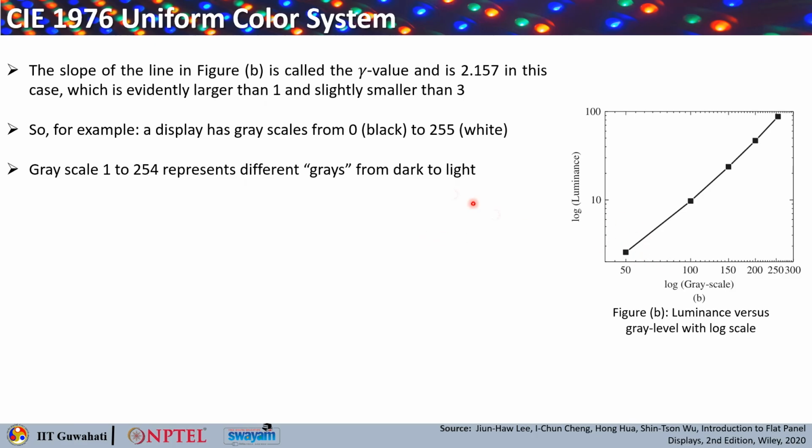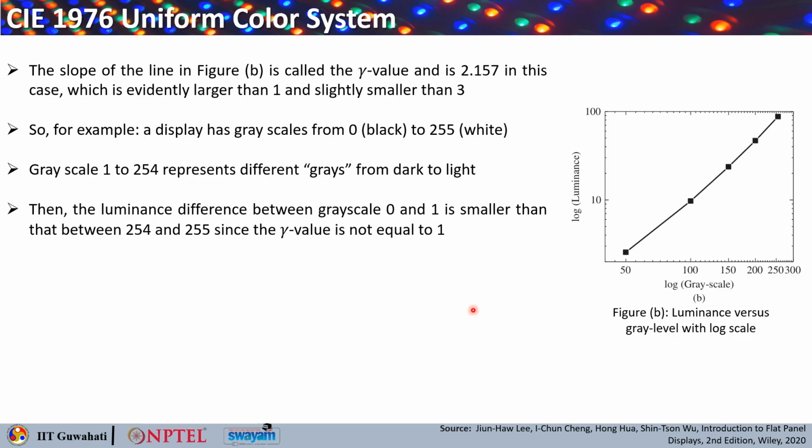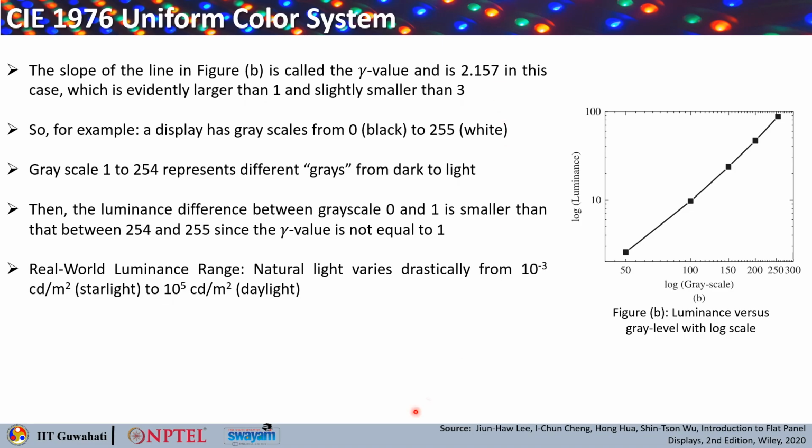That means anything in between 1 and 254 basically represents different gray levels from dark to light. Then the luminance difference between the grayscale 0 and 1 is smaller than that between 254 and 255, since the gamma value is not set to 1, because the slope is around 2.157.